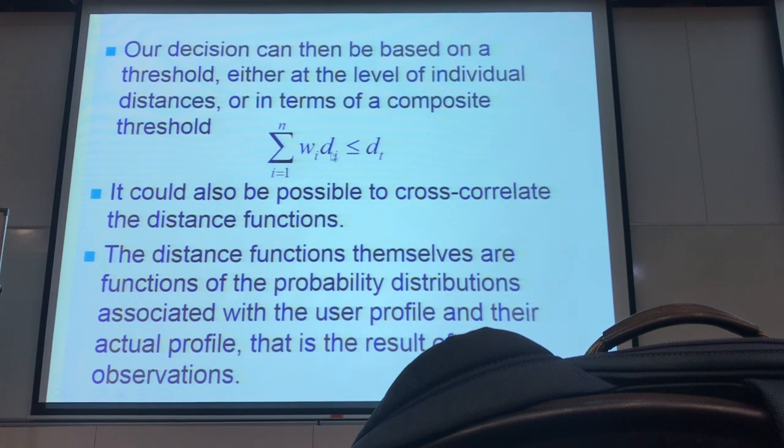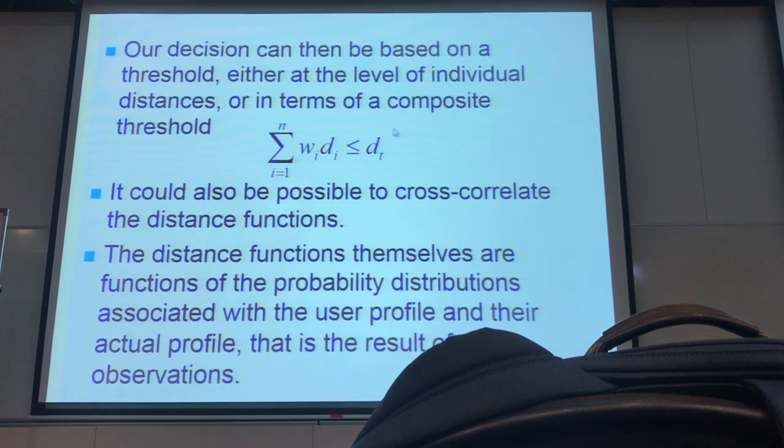For each measurement, what is the distance between the base profile and the active profile? You measure the distance for each measurement, for each event, and then you calculate the sum. The sum is a weighted sum, because for each measurement you can have a different weight.